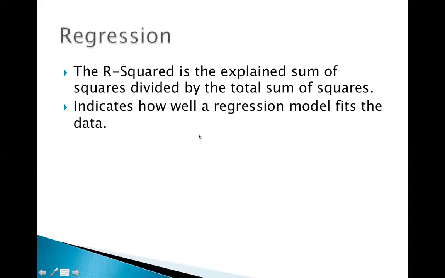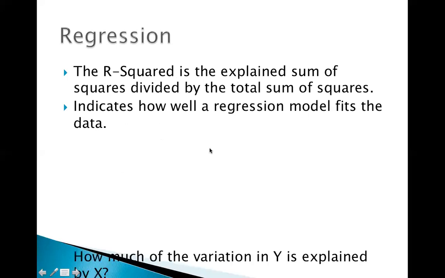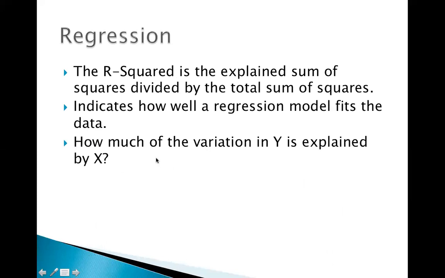So again, those squared distances from the line. R squared is a valuable statistic because it indicates how well your regression model fits your data. Saying that in a different way, how I like to think about it is how much of the variation in your dependent variable, how much of the differences that you see, is explained by your independent variable.